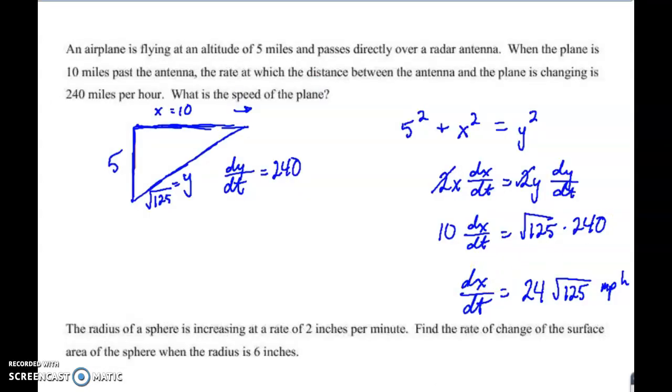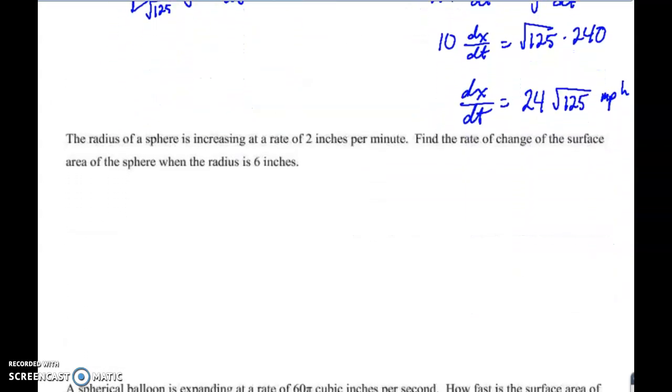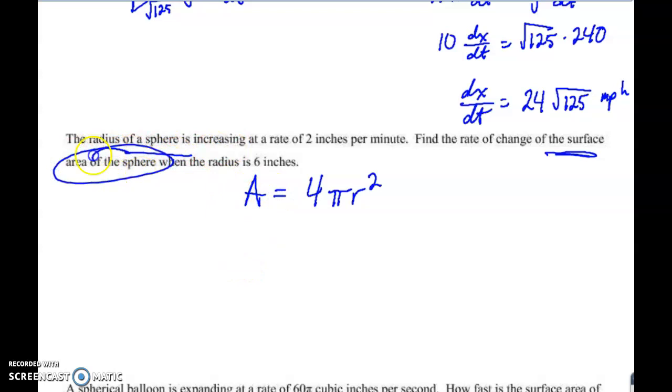All right. I'm trying to hurry through this so you don't have to watch a fourth video. So we have radius of a sphere. Remember, the surface area is 4 pi r squared area. So what's the rate that the surface area is changing?